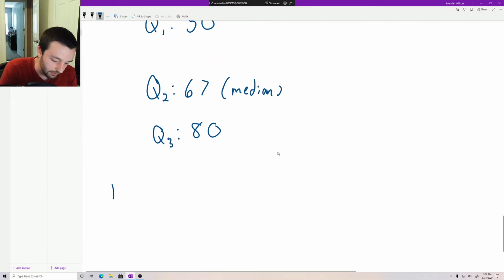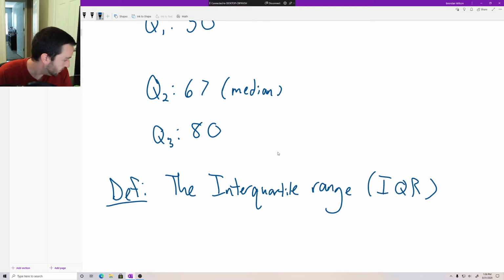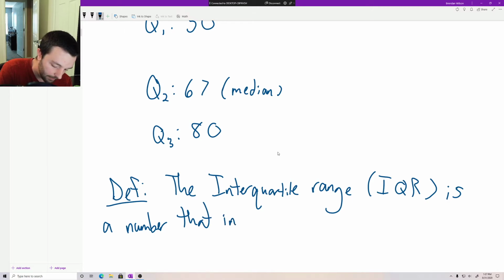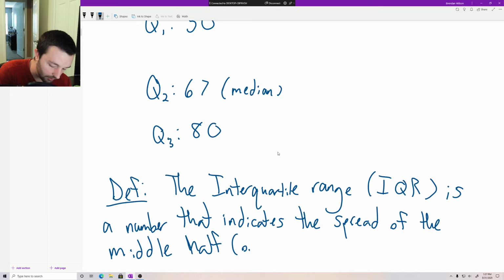So let me write that down as a definition here. The interquartile range, or the IQR, is a number that indicates the spread of the middle half, or 50%, of the data.